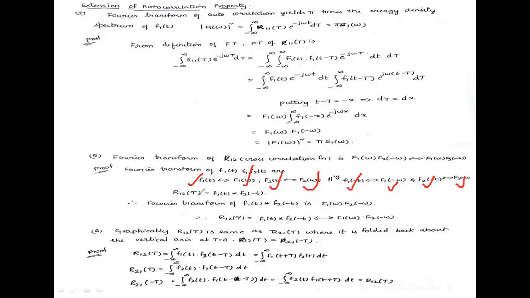But according to the relation between the convolution and the correlation, R12 of tau is F1 of t and F2 of minus t, my students. It's a very important equation, the relation between correlation and convolution. So F1 of t and star of F2 of minus t, the convolution in frequency, F1 of omega and F2 of minus omega.